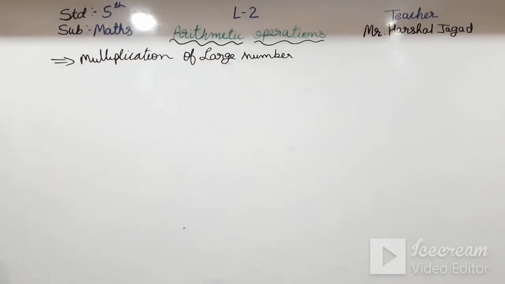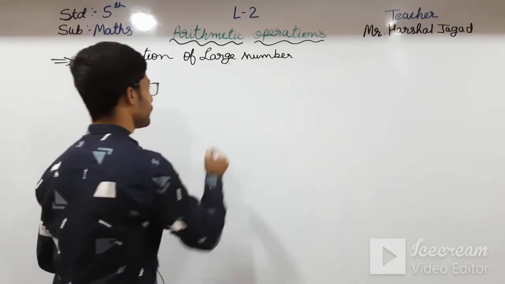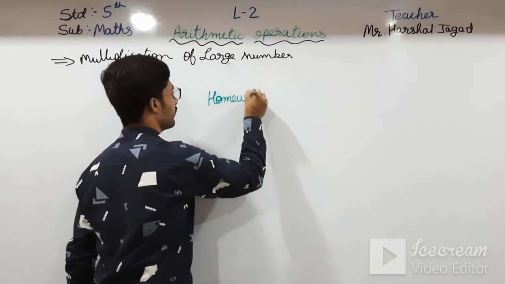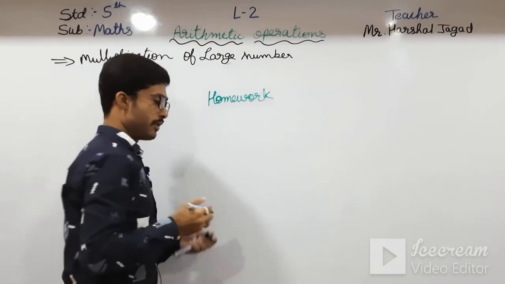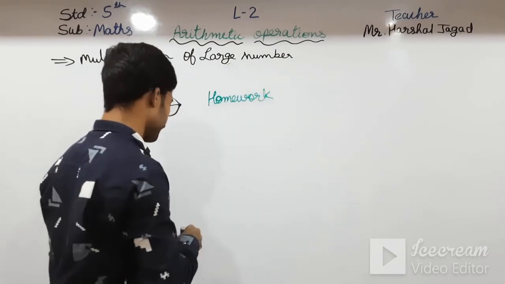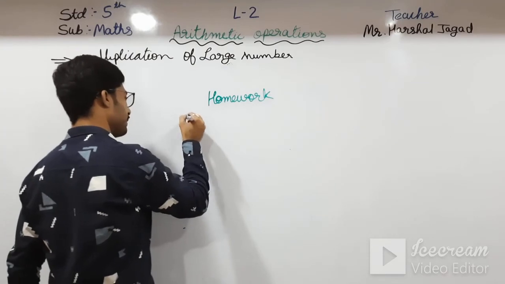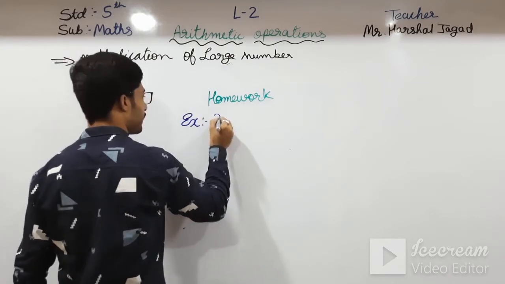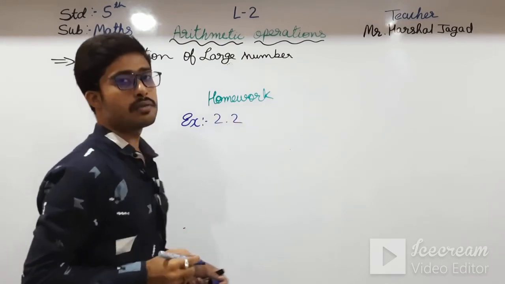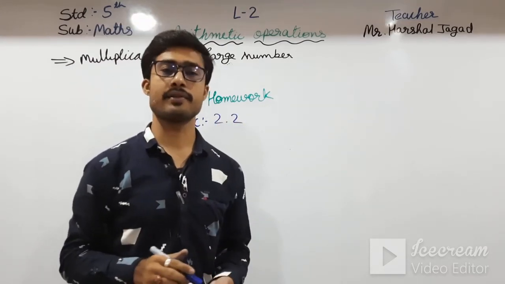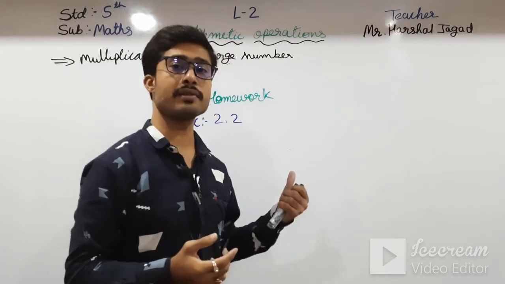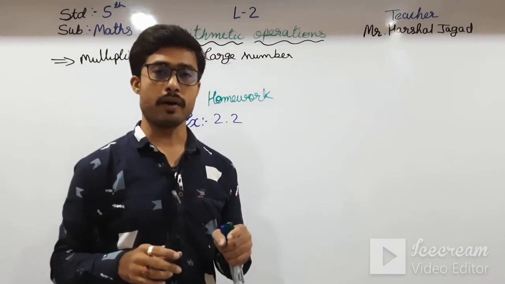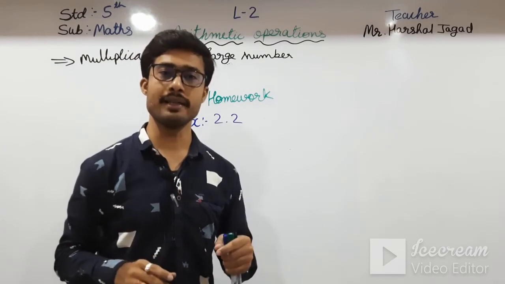Your today's homework is to do exercise 2.2. These are all multiplication sums, and in the next video we will solve them, so you can verify whether you are right or wrong.